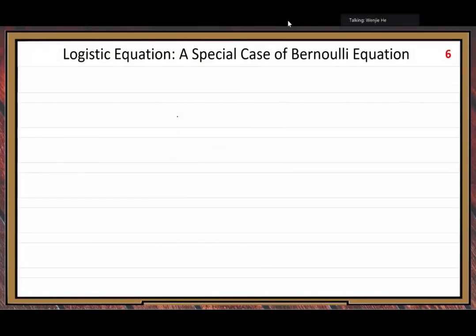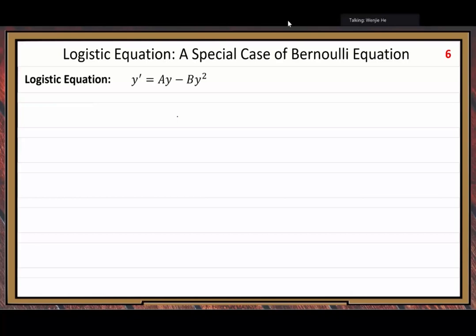Then we still have a few minutes, so let's do another slide. Logistic equation, it's a special case of Bernoulli equation. There are a few special ODEs following the Bernoulli equation format, useful in real world applications. One is this logistic equation. What's that?